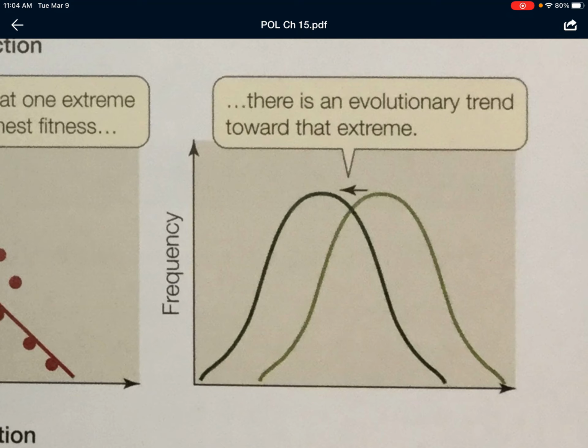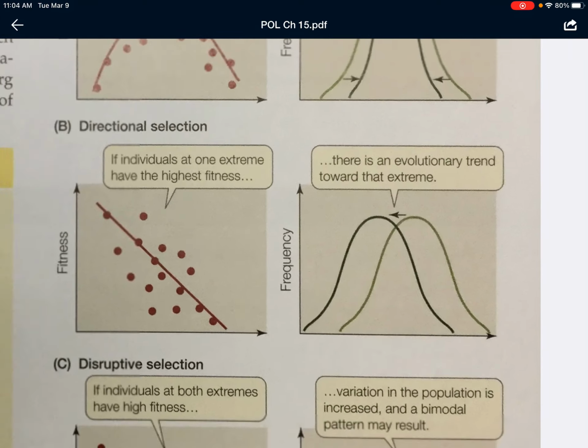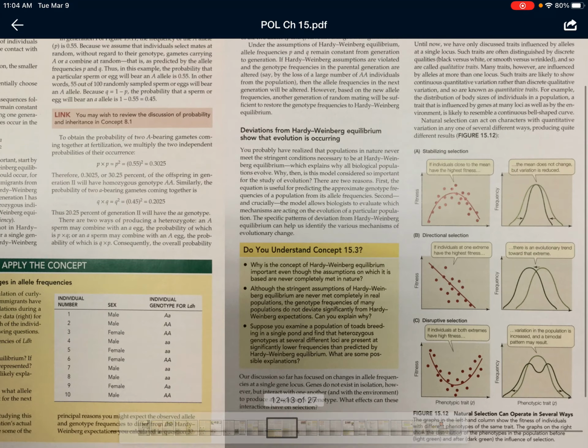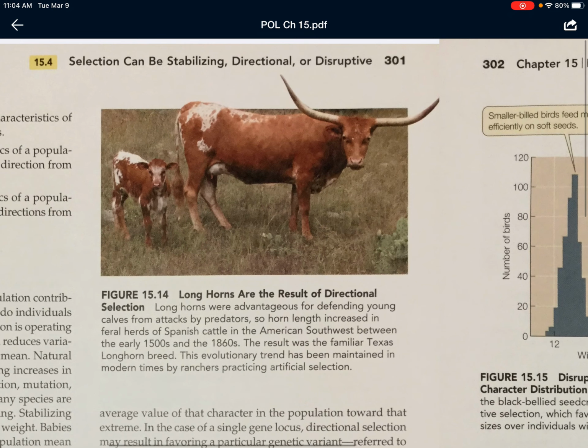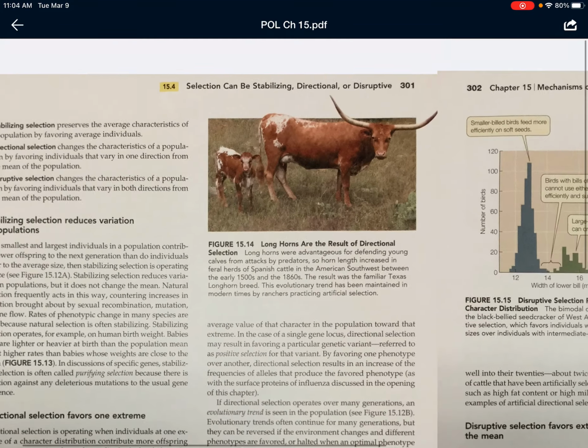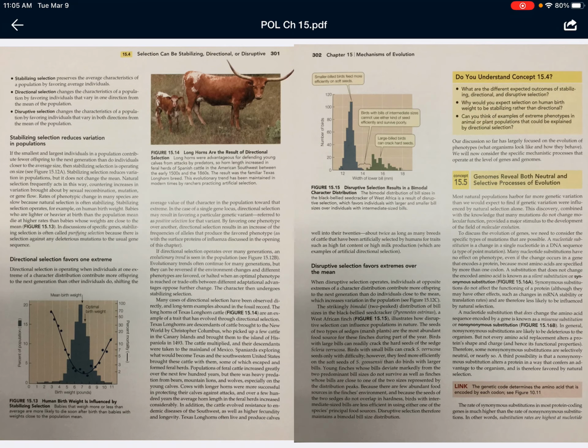We're just talking scenarios, but that's an example of directional selection. The book also talks about longhorn cattle: adults with longer horns were more able to protect their young, so their young had a better chance of survival. So directional selection resulted in longer horns on cattle versus shorter horns.